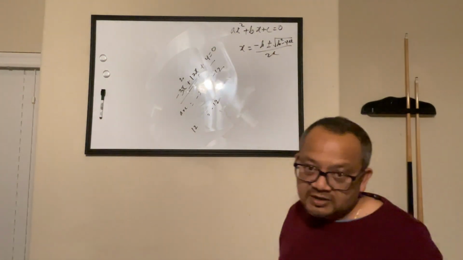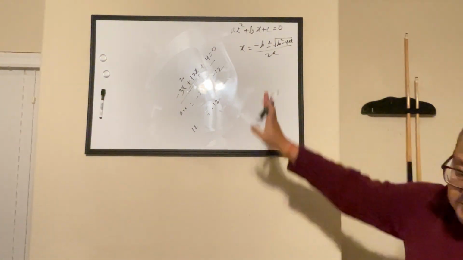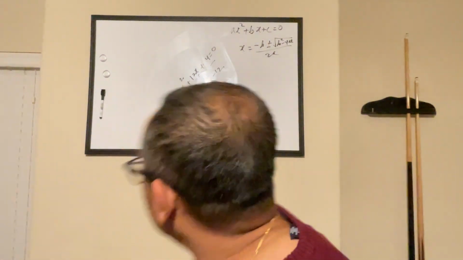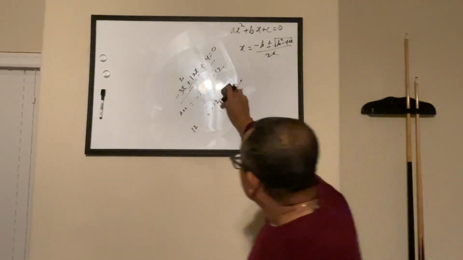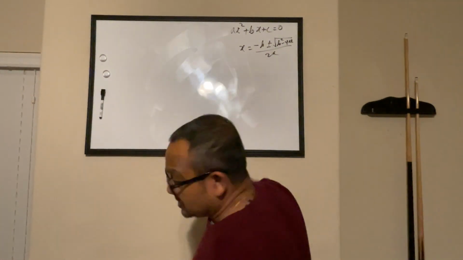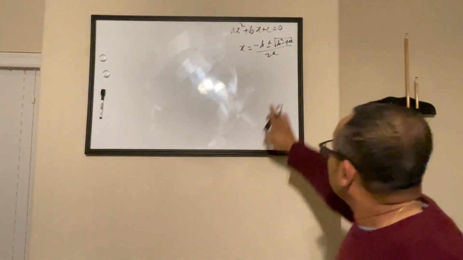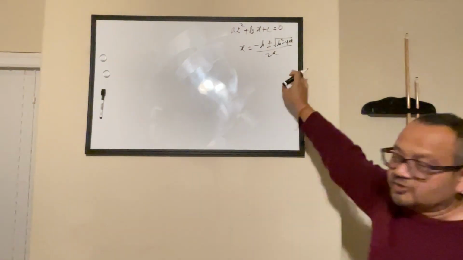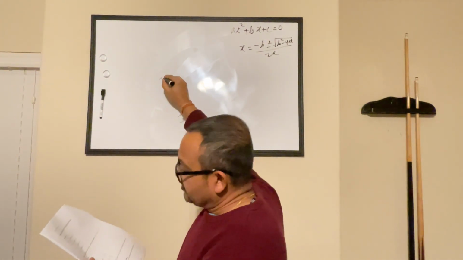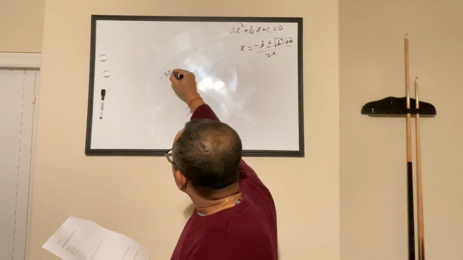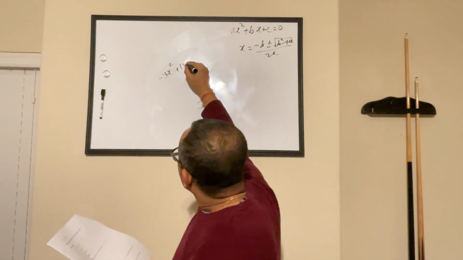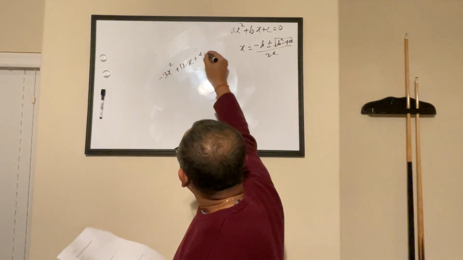I cannot do that actually. So this option is ruled out. Now let's look at this one, if it can help us. Okay? So if nothing works, this works. The equation was minus 3x squared plus 12x plus 4 equals 0.